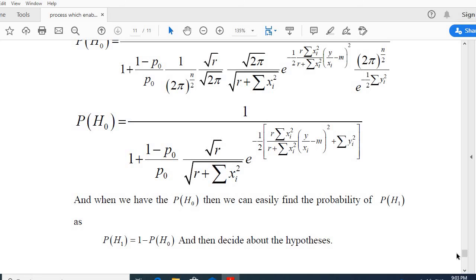And when we have P(H0|y), then we can easily find the probability of H1, that is P(H1|y) is equal to 1 minus P(H0|y).